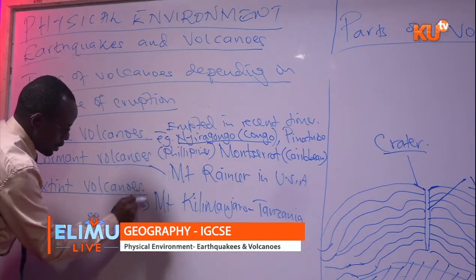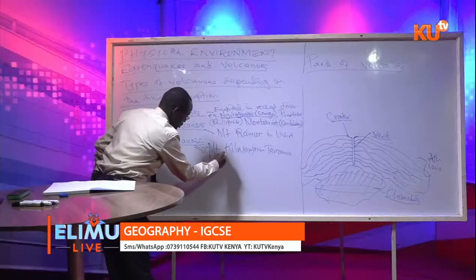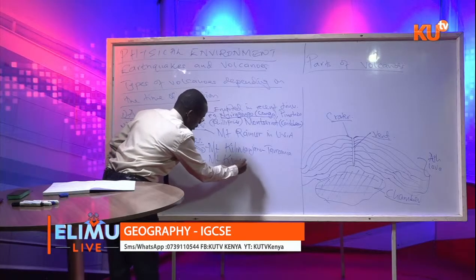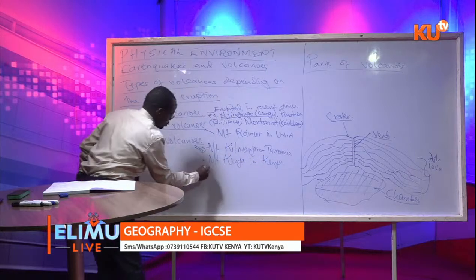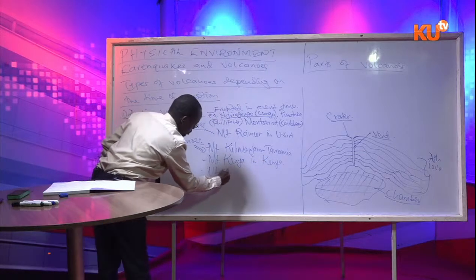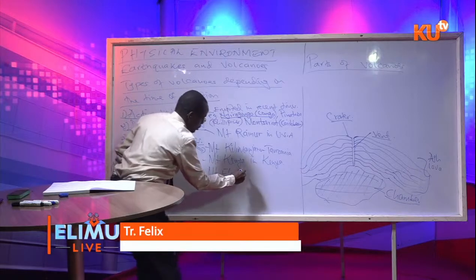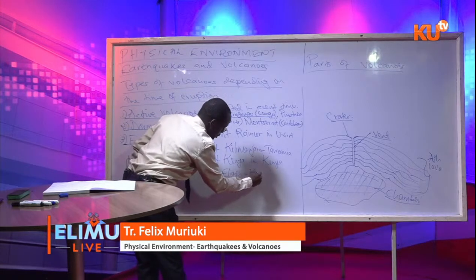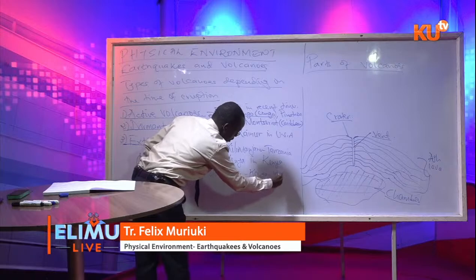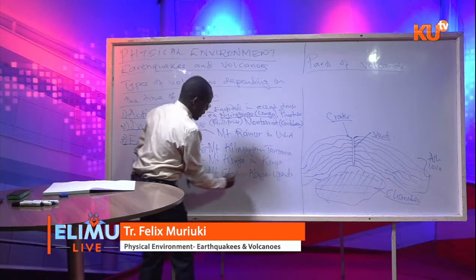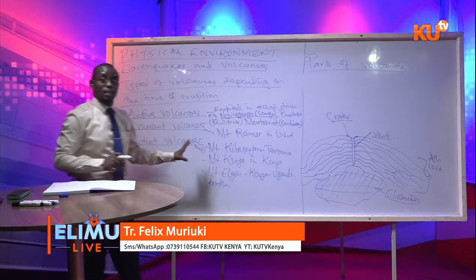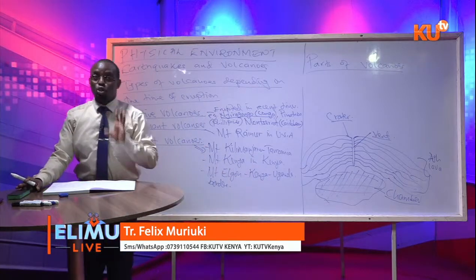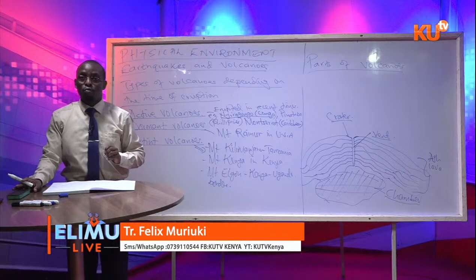Just for the near ones, Mount Kenya in Kenya, and of course Mount Elgon, that is on the Kenya-Uganda border. So these are the mountains that erupted only once during their times of formation.